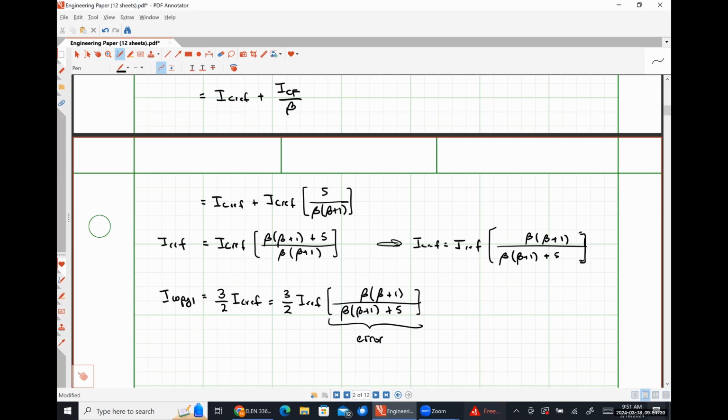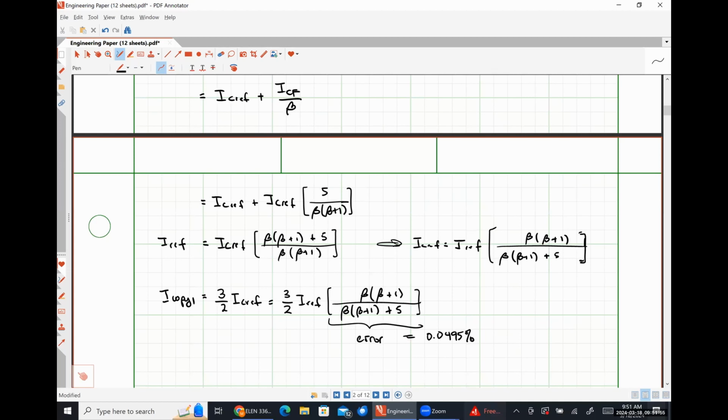So if we do 1 minus this quantity, we wind up with an error of 0.0495%. Significantly lower error than what we had earlier.